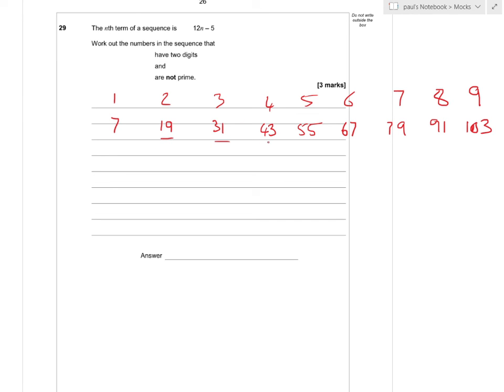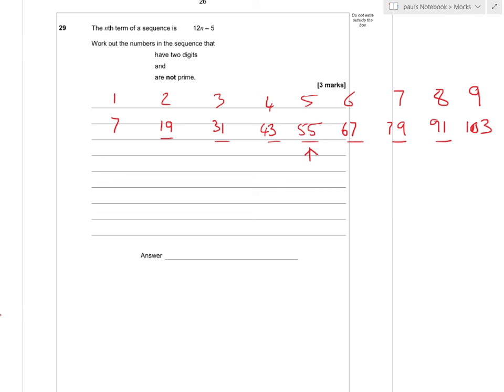So 2 digits. Not prime. 2 digits that are not prime. This one. What other number's not prime? Oh, that's not.